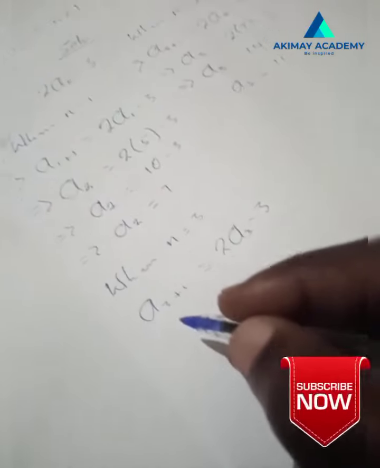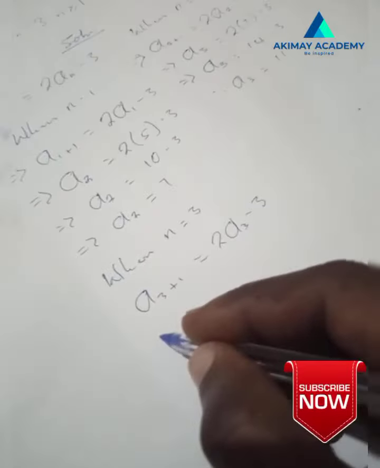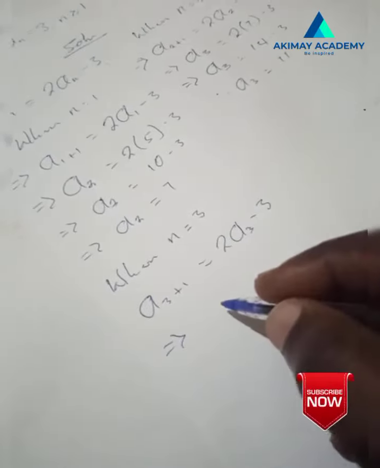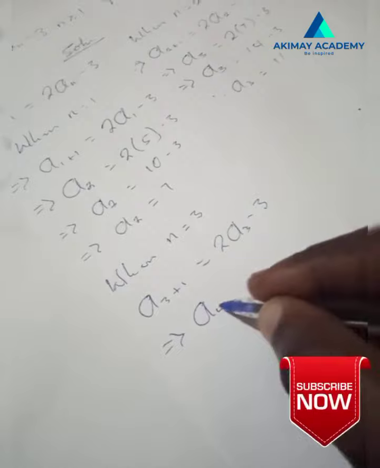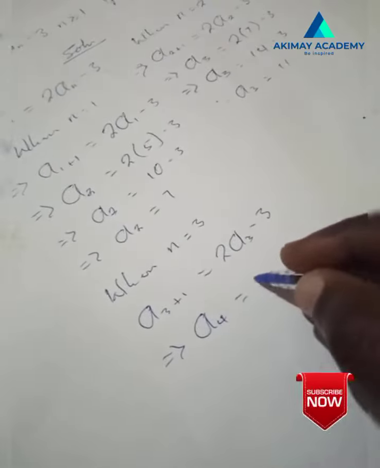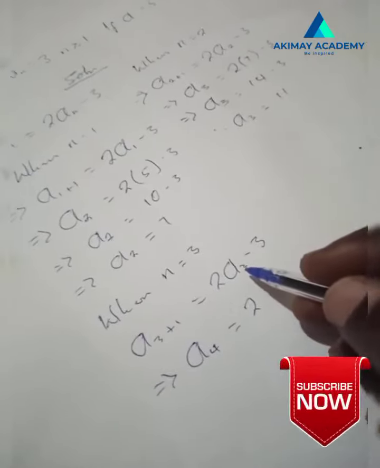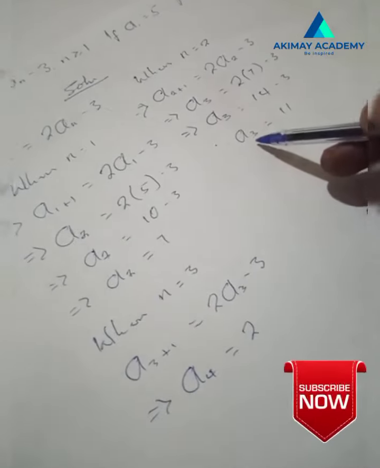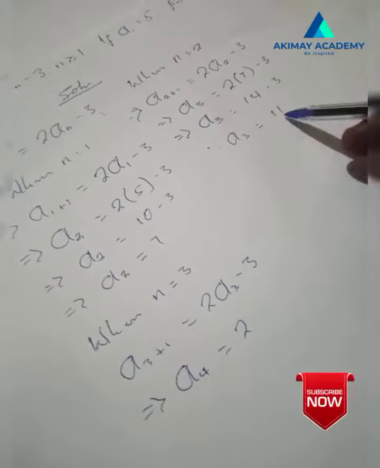At this point, we have a subscript 4 equals 2 times a subscript 3, and thank God we have been able to find a subscript 3, which is 11.